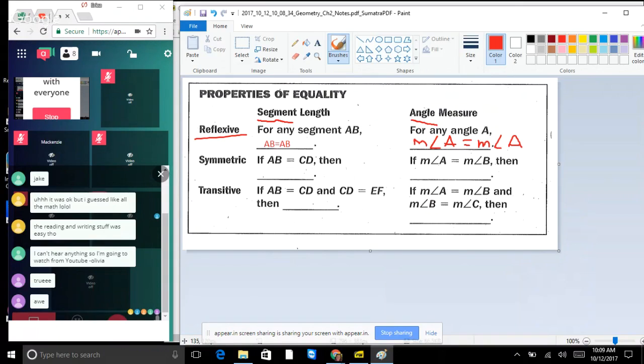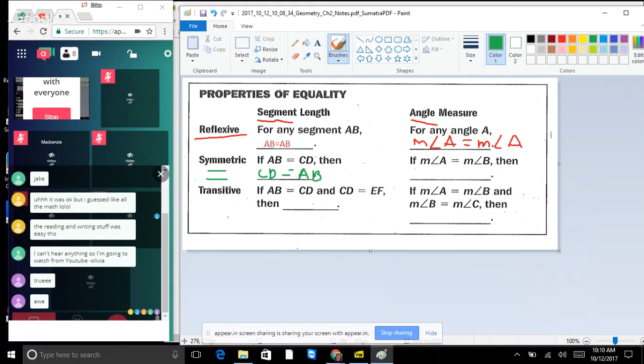This one we do use a little bit more. If you think about the word symmetry, something that's symmetrical, that means that when it reflects across the mirror, it's equal either way. So for our symmetric property, if we have line AB equals line CD, then we also know that line CD equals line AB.